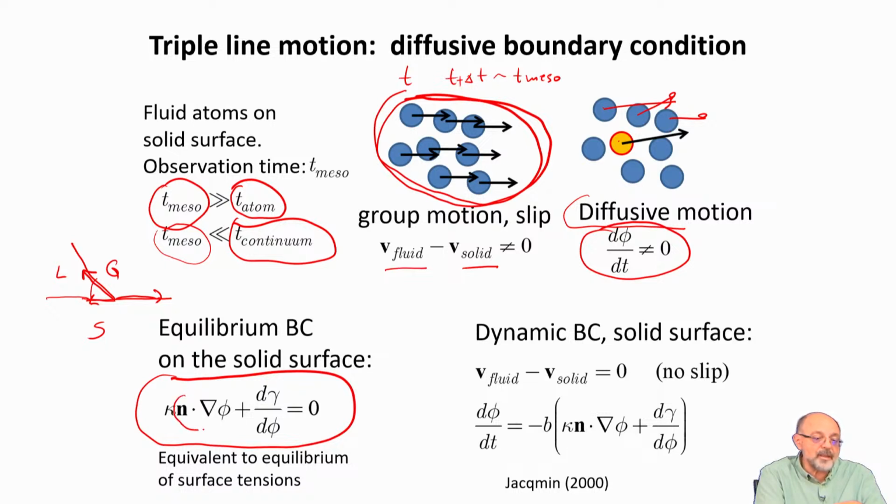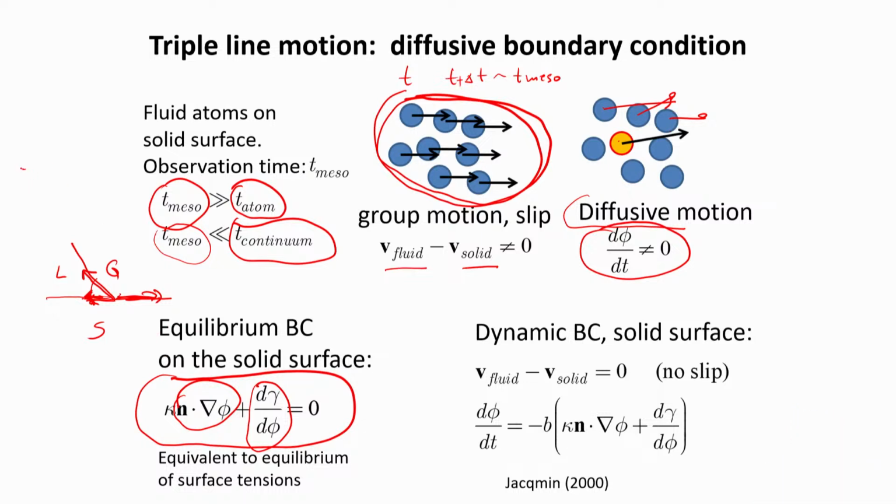That projection, that's trigonometry, gives you the difference in this surface tension and this surface tension. So that's the equilibrium of the phase field triple line.